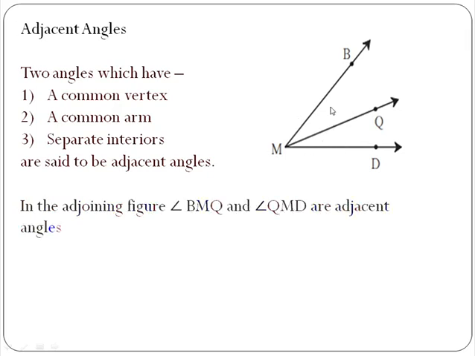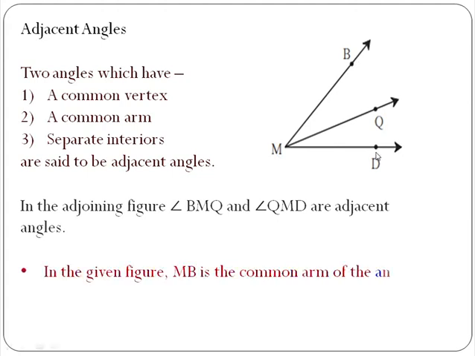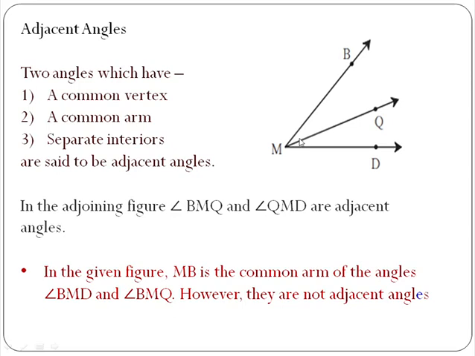Now, in this adjoining figure, angle BMQ and angle QMD are adjacent angles. But children, here we have seen three angles are formed in this figure: angle BMD, angle BMQ and angle QMD. So you have to find whether in this given figure MB is the common arm of angle BMD and angle BMQ.